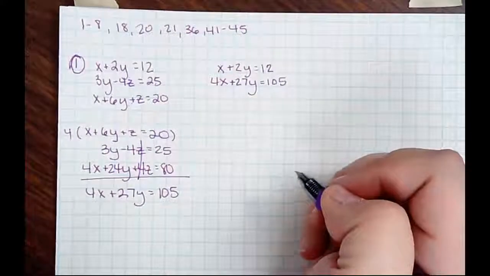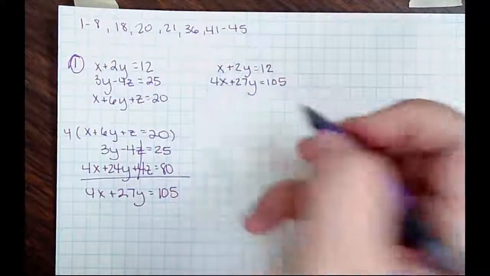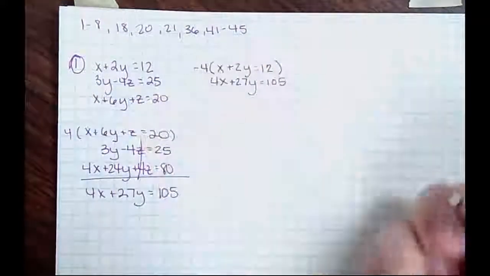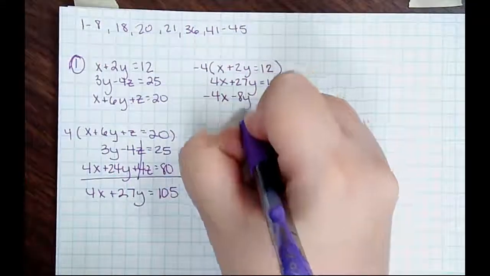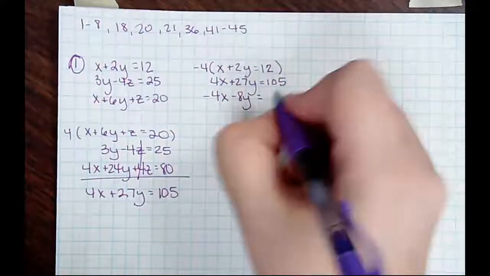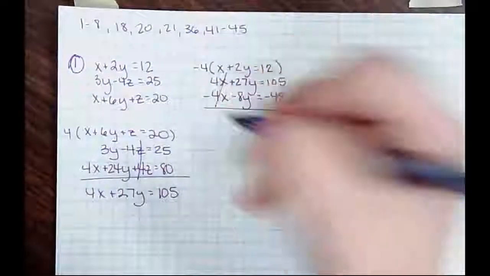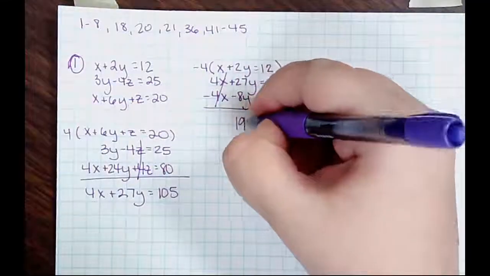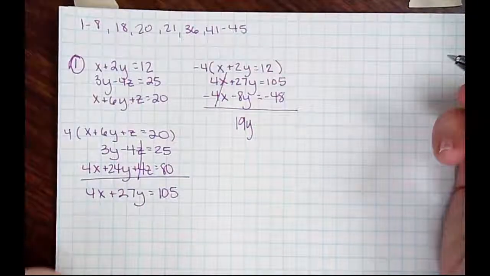I see the easiest piece here would probably be that x, so I'm going to multiply everything in my first by negative 4: negative 4x, negative 8y, and negative 48. Add those back down. Those become 18y. That becomes a number that I can't do off the top of my head, so I have to get a calculator.